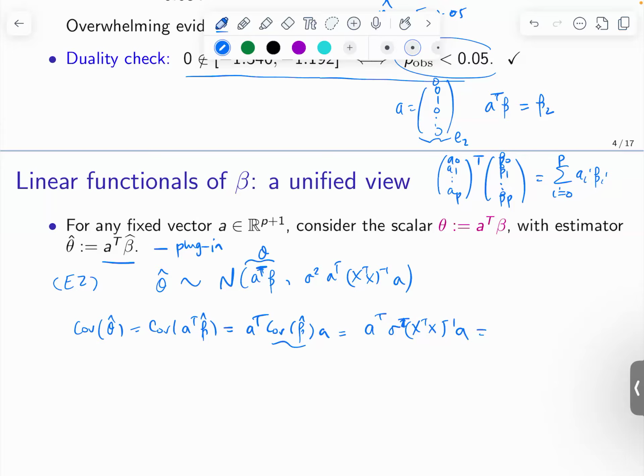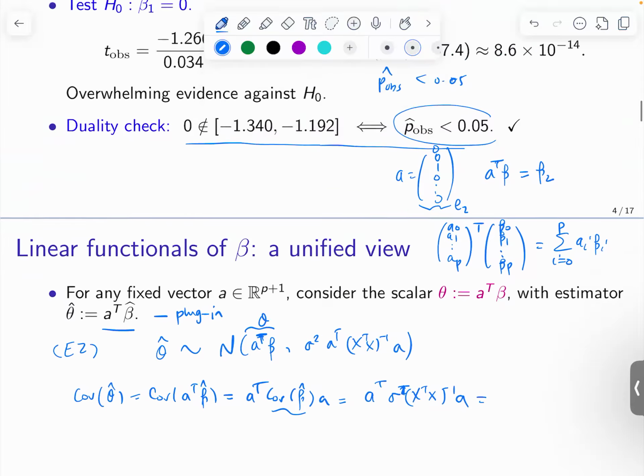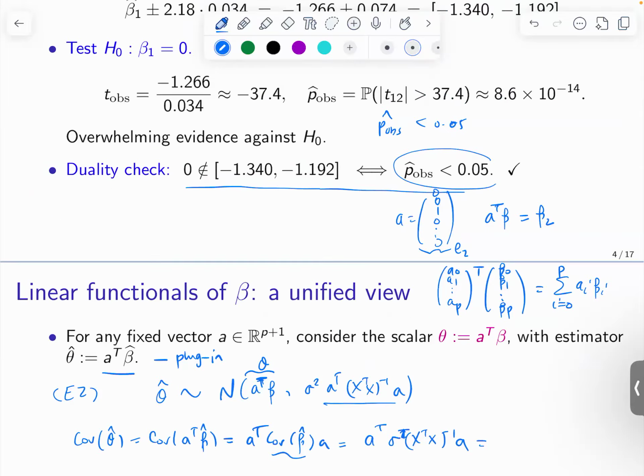In particular, you see that theta hat has the mean, the parameter of interest, so theta hat is unbiased for estimating theta. Really, the only thing that changed compared to beta is that, rather than the diagonals, we're now forming a general quadratic functional of that matrix. The rest is essentially similar.